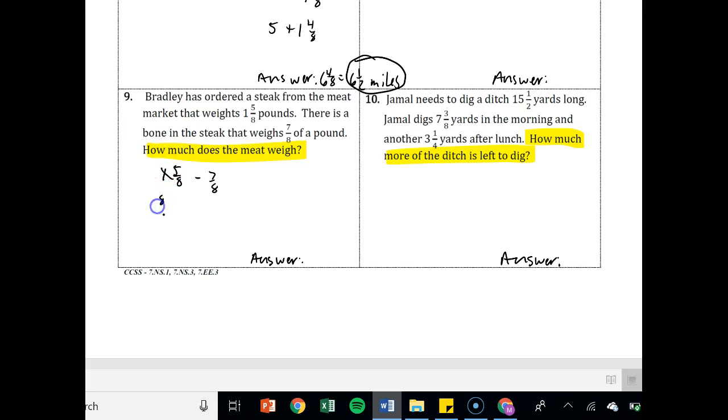So it's 8/8 plus 5/8 minus 7/8, and I taught you guys how to change subtraction to adding the opposite, so plus and negative, right? So 8/8 plus 5/8, 13/8 plus negative 7/8, and that gives us 5/8, right? So 5/8 of a pound, LBS, is how much just the steak weighs without the bone.